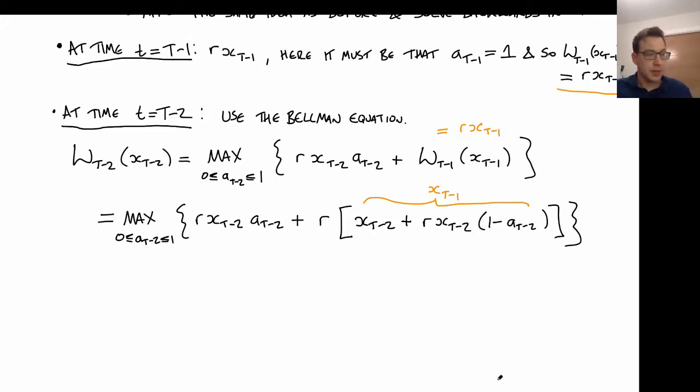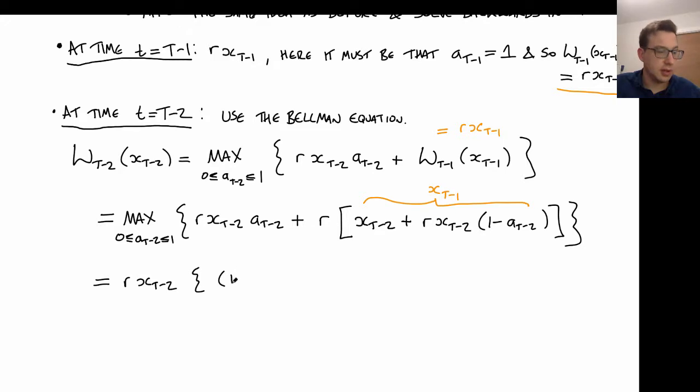Now I can start to tidy up this expression a little bit. Notice that there's an r of x of t minus 2 in all of these expressions, so I can take that out. I can also tidy up the terms a bit here. Some of them have to do with the action that I'm taking, the amount that I consume, and some of them don't, so I'll collect terms together as appropriate.